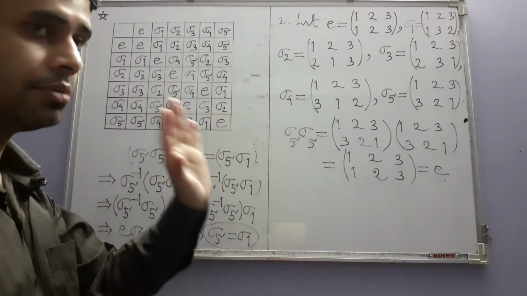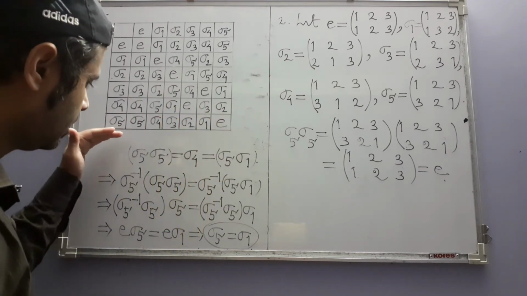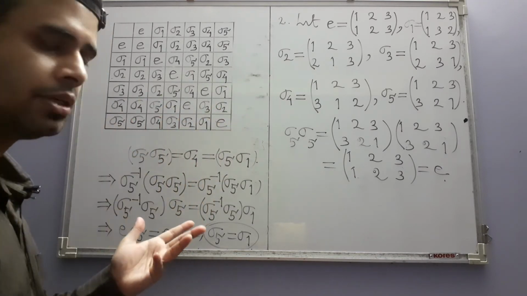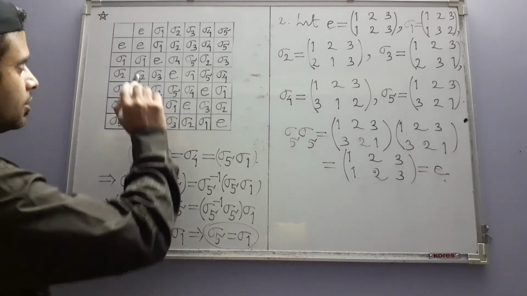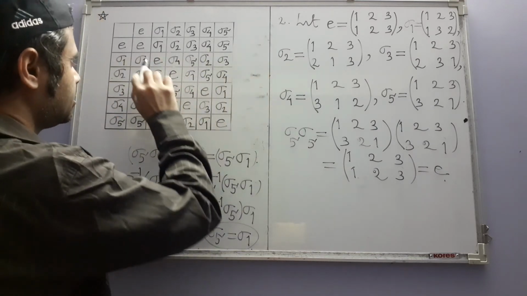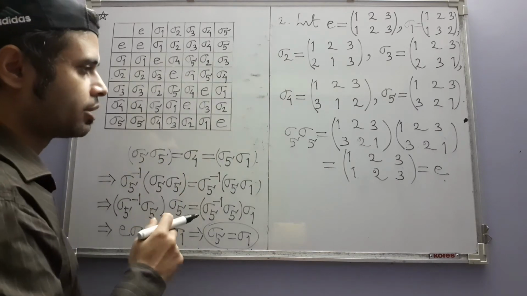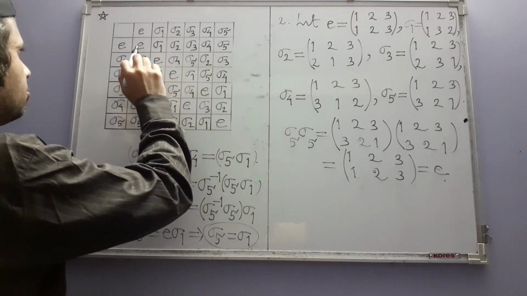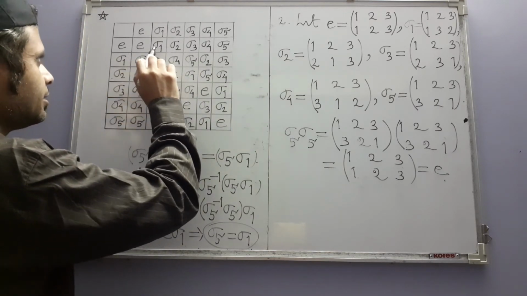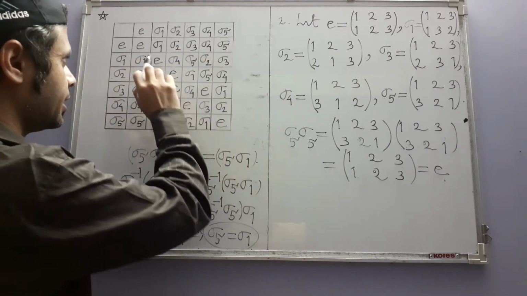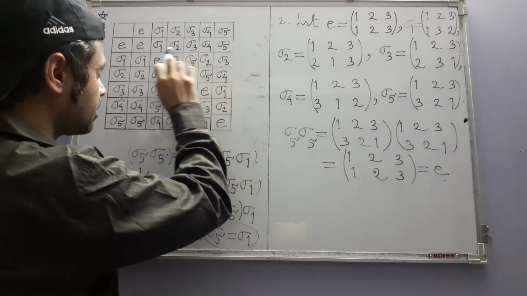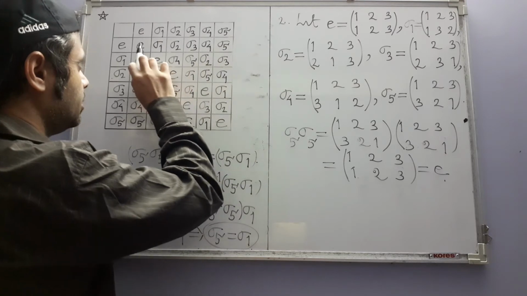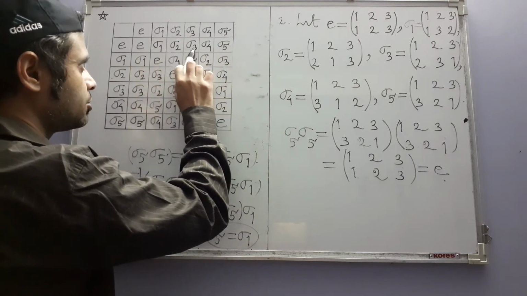we will have the remaining element, and what we are saying here ultimately means this. When you calculate the elements in a composition table or a group table like this, you will get new elements. There is no repetition along a row. E, sigma 1, sigma 2, 3, 4, 5.